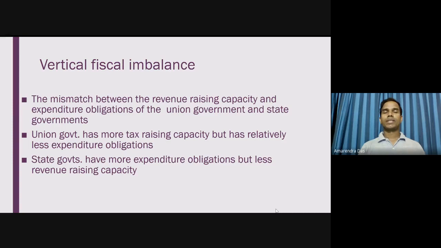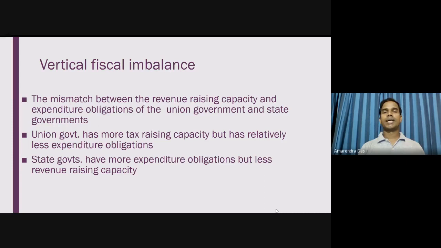So if you look at that, then we observe that there is a mismatch between the revenue raising capacity of the union government and expenditure obligation of the union government and state governments. That means union government has more revenue raising capacity. On the other hand, it has less expenditure obligation. But states have less revenue raising capacity, but more expenditure obligations.